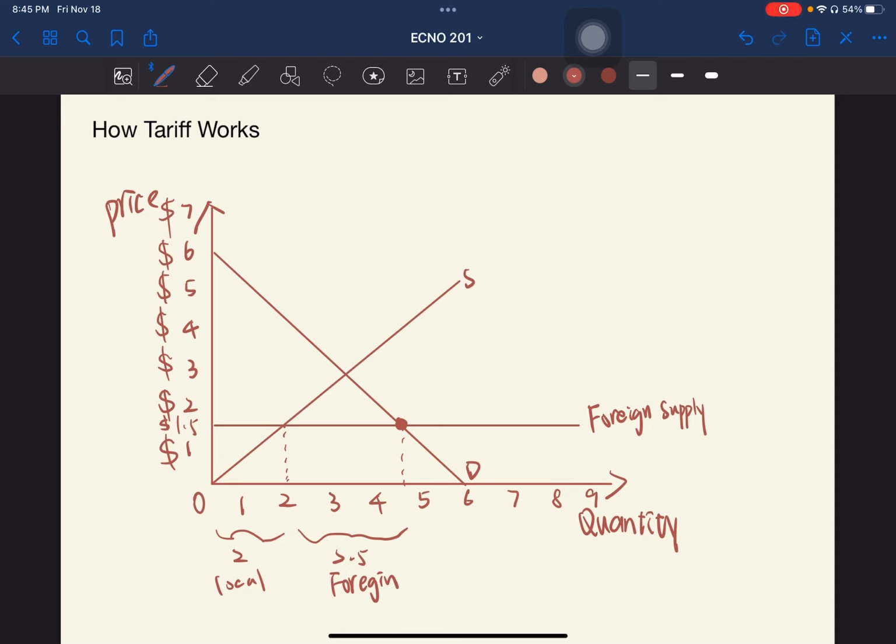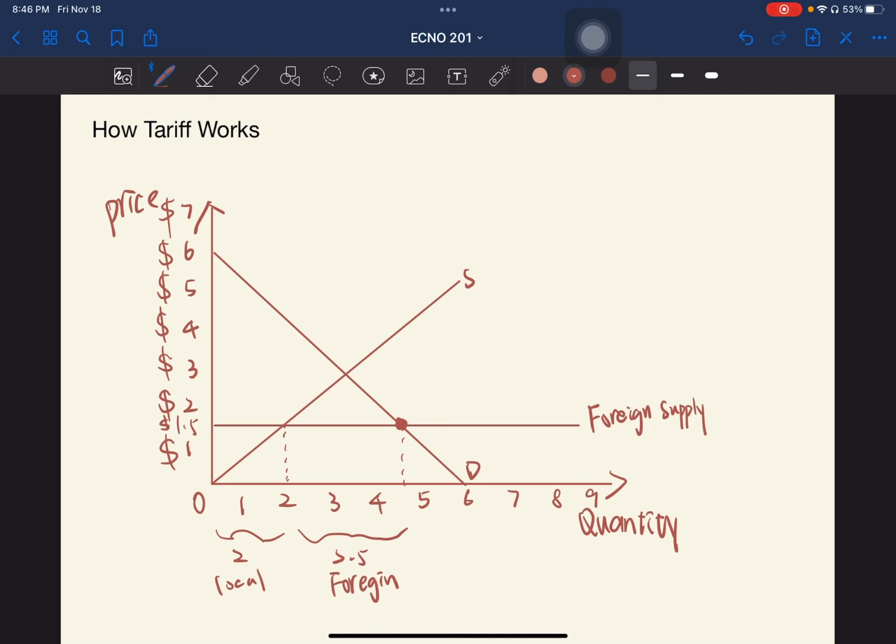And this time the foreign supply has sold more than the local supply, and we can see the new equilibrium quantity is 4.5, and the price will be 1.5.